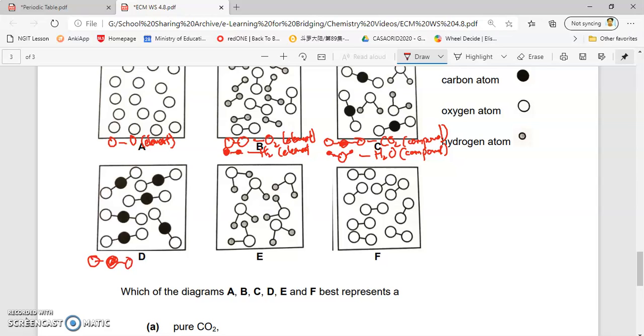This is actually CO2. Because of two different elements, this is a compound. This one, a single circle with two small dots. This is actually H2O, surely a compound. Last one, this one is made of two uncolored circles side by side. This is actually O2. This is an element.